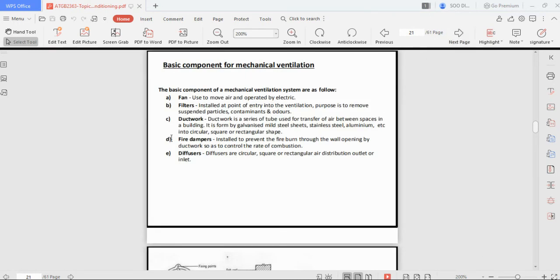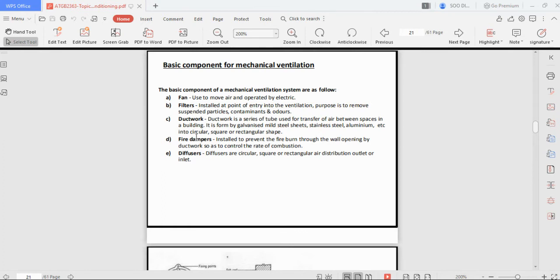Okay, so this is the fire damper. A fire damper is installed to prevent fire from burning through the wall opening by ductwork. With ductwork, you know that it will be going through different buildings.